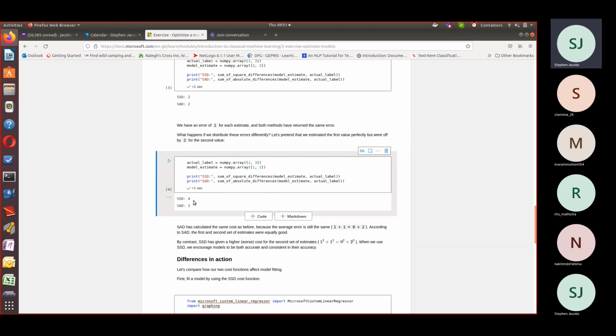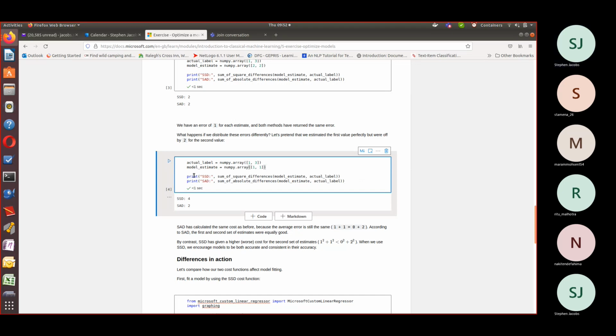Yeah, so now the SSD is 4 because it's involved in squared quantities, and the SAD is 2 because it's involved in absolute quantities. So you would expect that to be the case because we're talking about an error difference here of 2 on that data point. Bear in mind, we're only doing one data point. This thing really comes to its own when you're doing lots of data points, but we're trying to analyze the different method of using the error.